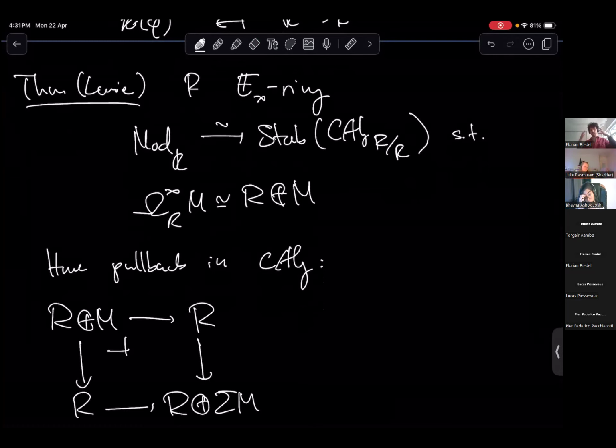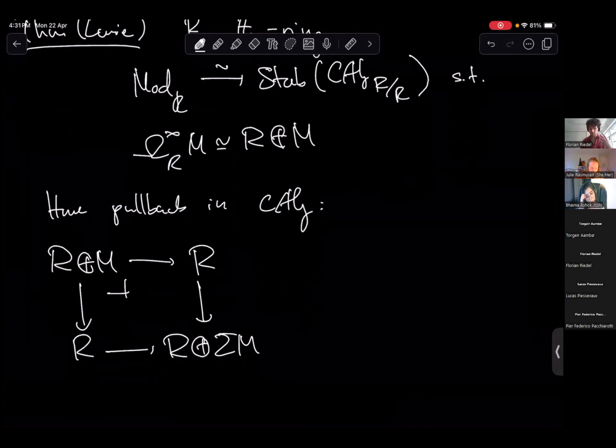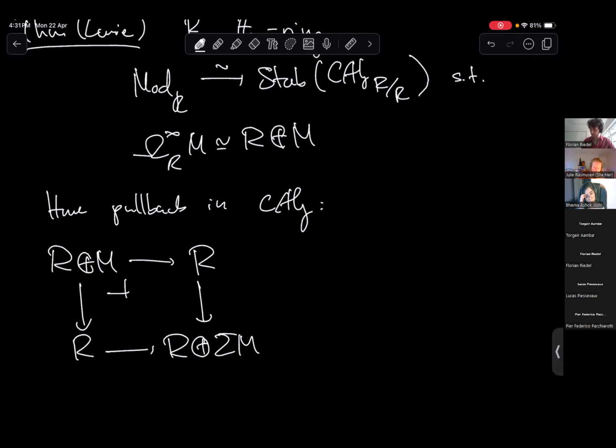Yeah, so if you take these pullback diagrams, it just shifts the module around basically. And then you can use this to define a general square zero extension as a twisted split square zero extension.